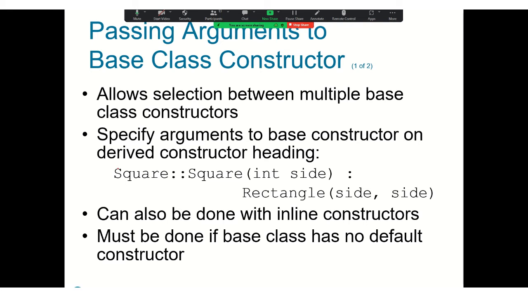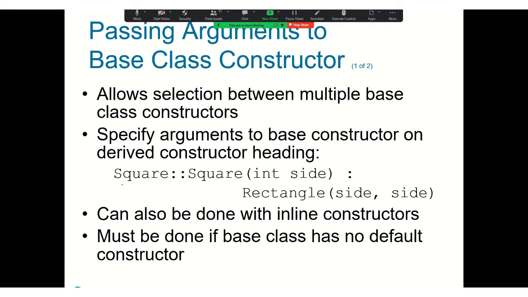Now, how about parsing the arguments to the base class constructor? I mean, it allows selection between multiple base class constructors. So basically, your base class can have more than one constructor, right? I mean, it can have some overloaded constructors. So it allows selection between multiple base class constructors, specify arguments to base class constructor.